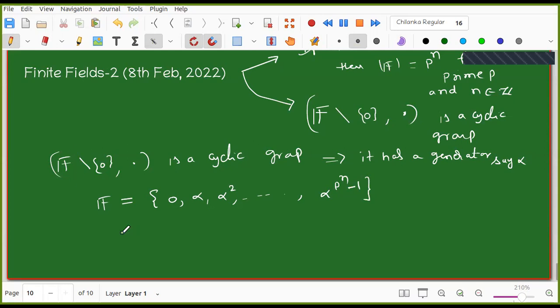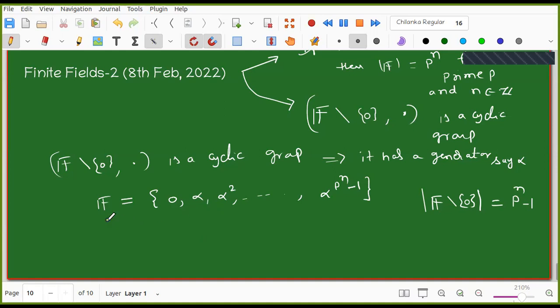Because the order of the group F minus 0 is p power n minus 1, since the order of F is p power n and if I remove 0 the order is p power n minus 1. And it is a cyclic group, so alpha is a generator.